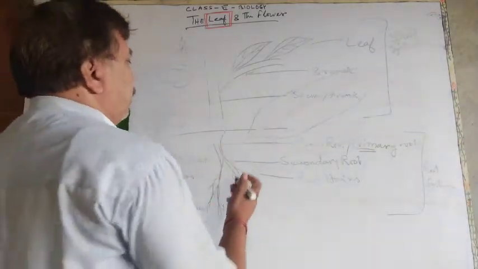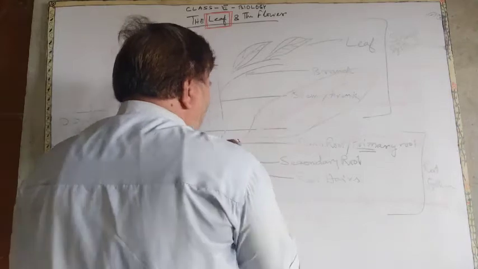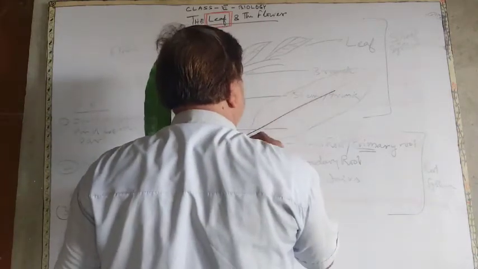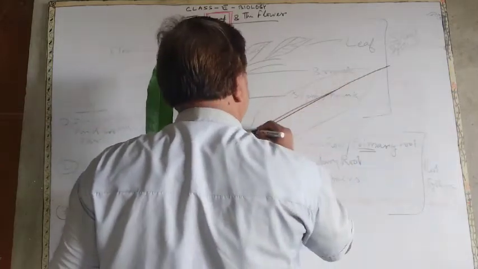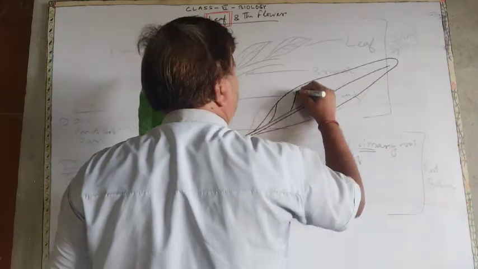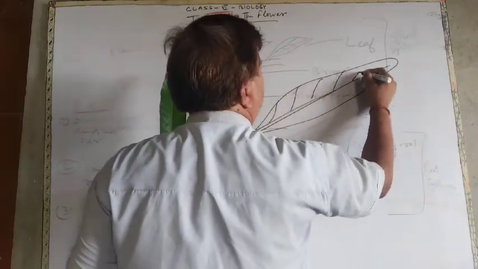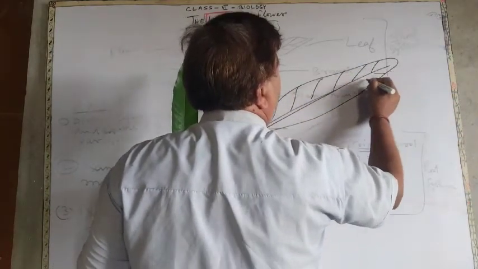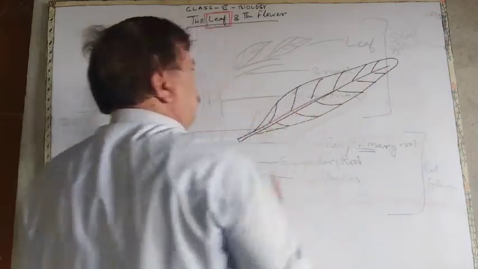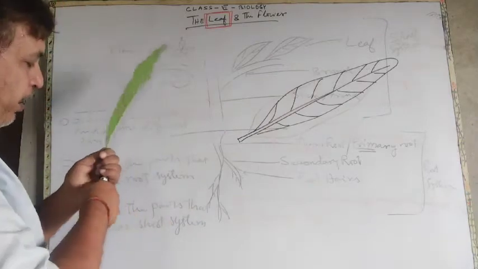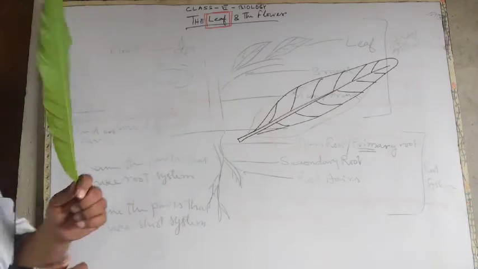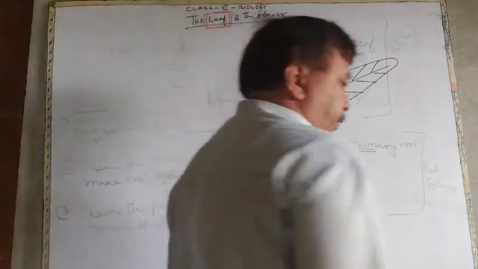So the mango leaf, in the previous video I already have drawn, right? The main thing that we have to read about is to compare, and this is the mango leaf. Let me write the different parts of this.